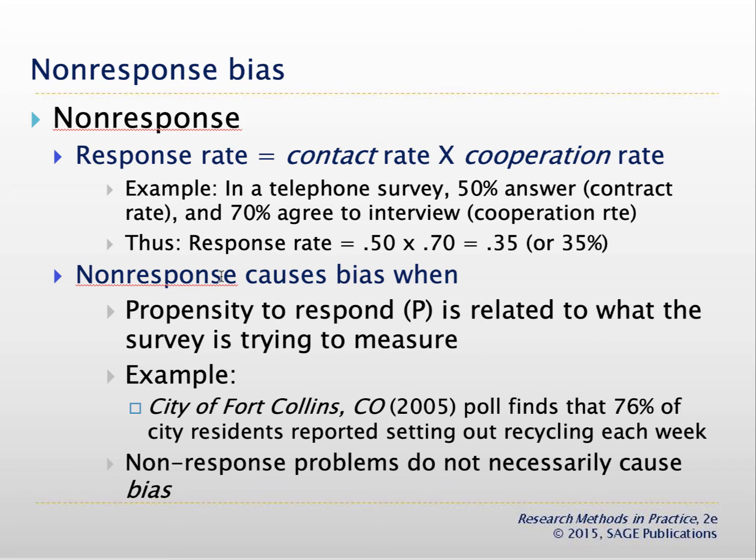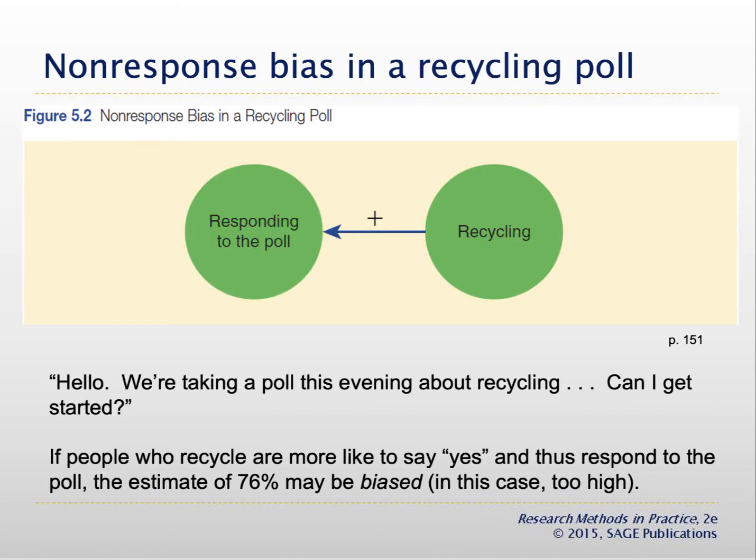So in the book, we have this example of a poll about recycling, and we did have an example of why you might have bias in that case. So this is another case where we're going to use the path diagrams, and we're going to use them to try and understand non-response bias and coverage bias in surveys.